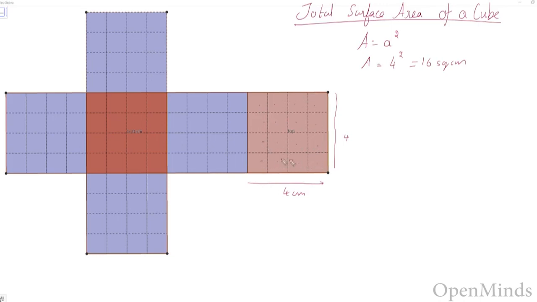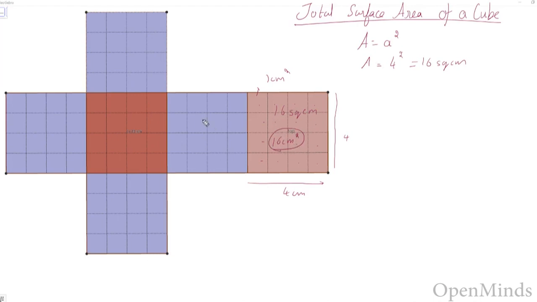So the area of this piece of cardboard is 16 squares. Each one is 1 square centimeter, and we have 16, so we call this 16 square centimeters, or 16 centimeter square. That is the area of this piece.